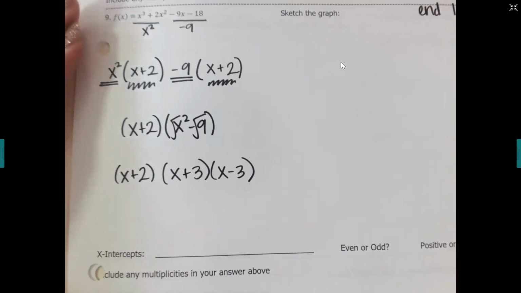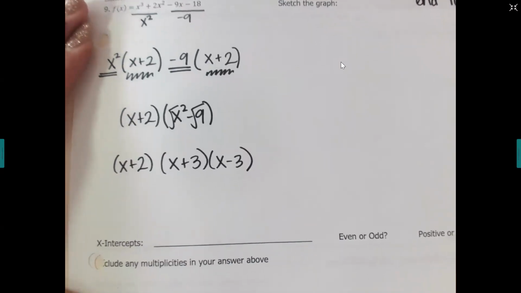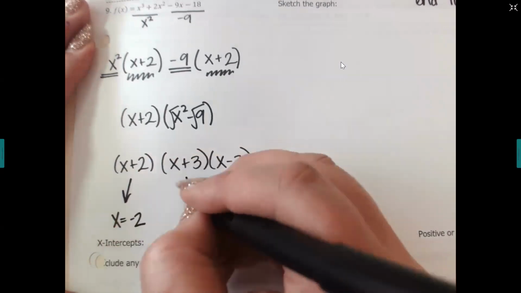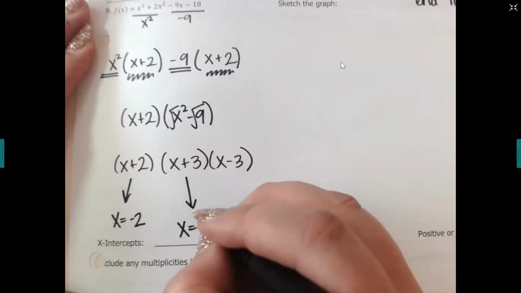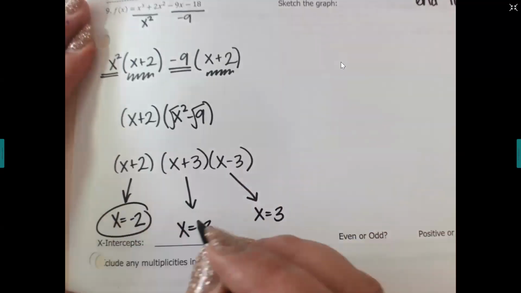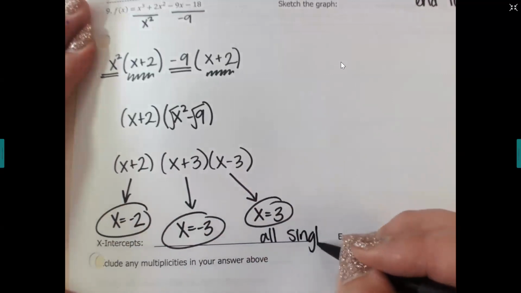Are any of those doubles? No, right, they're all going to be singles. So I'll have 1 at x equals -2, 1 at x equals -3, and 1 at x equals +3. Okay, but these are all singles.